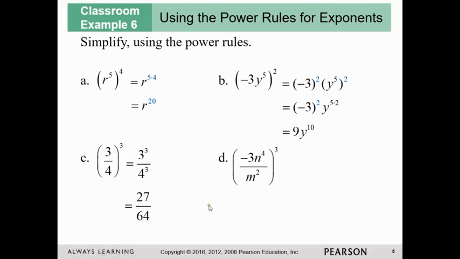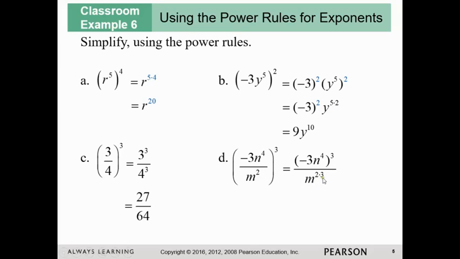Now in D, we're going to have a lot of things going on as we work through this. But the first thing we have is a quotient to a power. So the first thing we're going to do is apply the cube, the exponent here, to both the numerator and the denominator. In the denominator, we're using a power to a power.